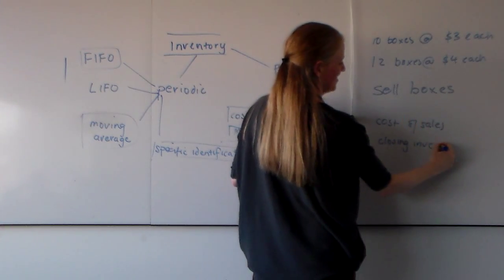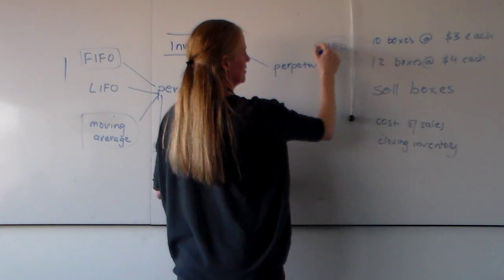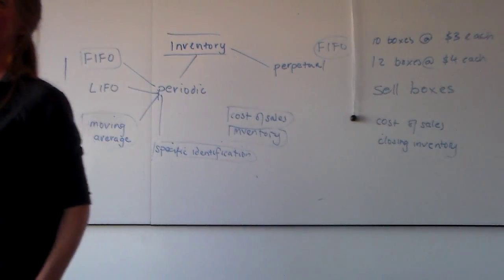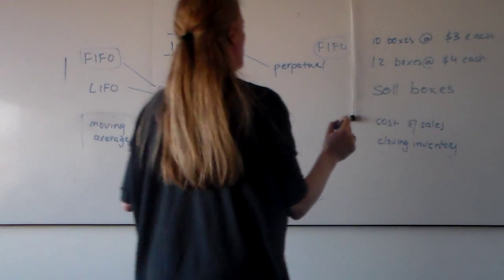Assuming we're using the FIFO method, what would your answer be to that? So I sell 11 boxes.